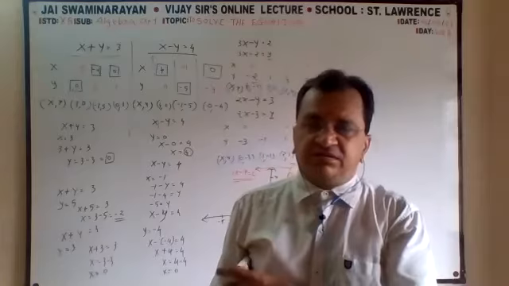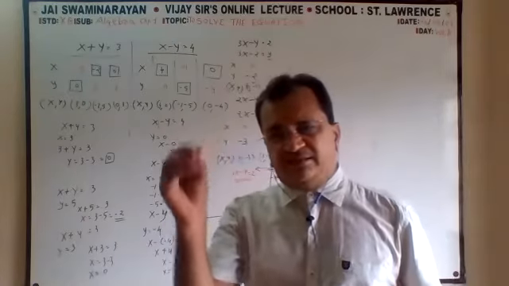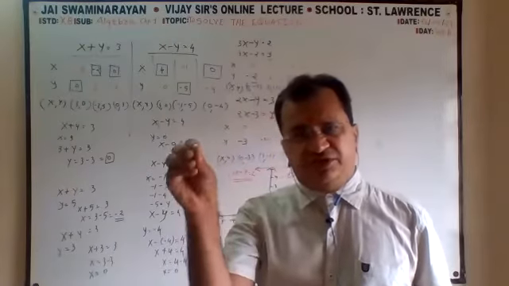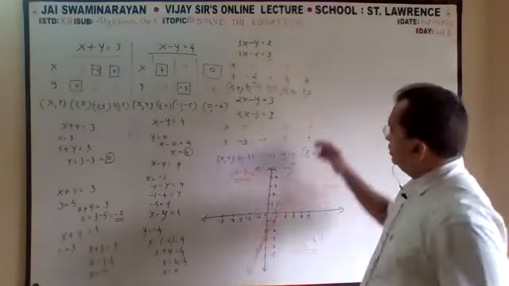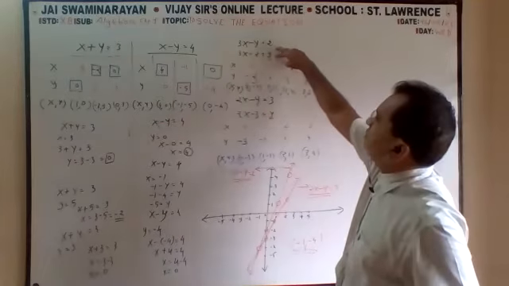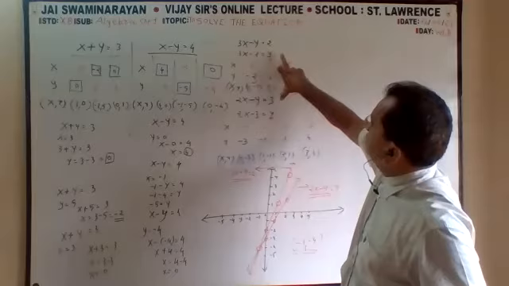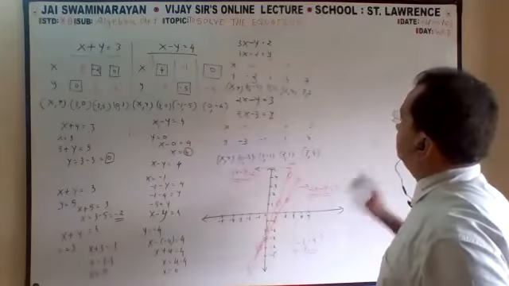In the previous method, by making coefficients same and by substituting, we got the answer. See here, we got the answer by graph. So if we solve these two equations, we will get this same solution only.